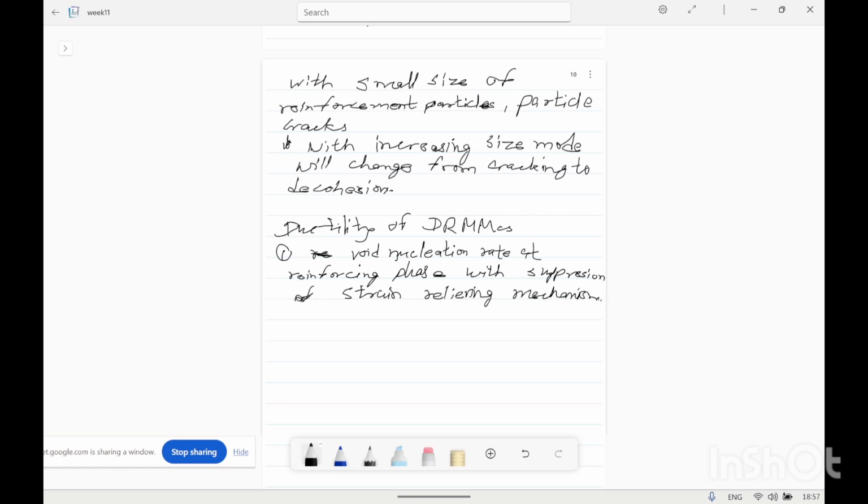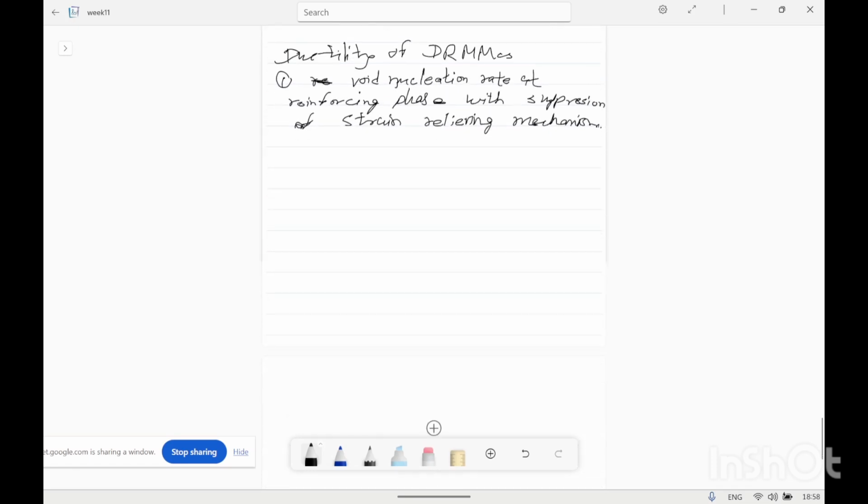Means as the void nucleation rate changes, the strain relief mechanism will also be subjected to decrease, and that will decide the ductility of the discontinuously reinforced metal matrix composites.